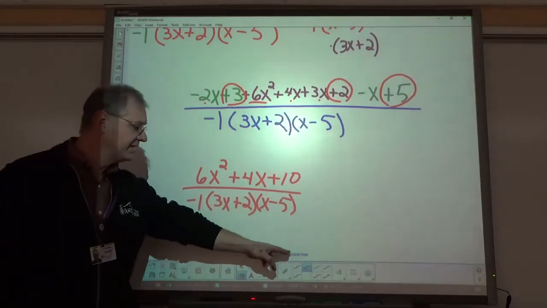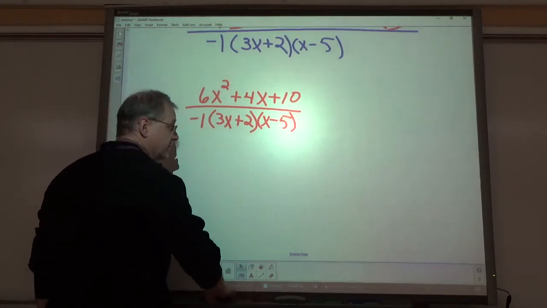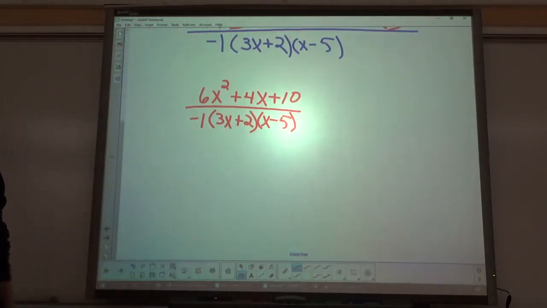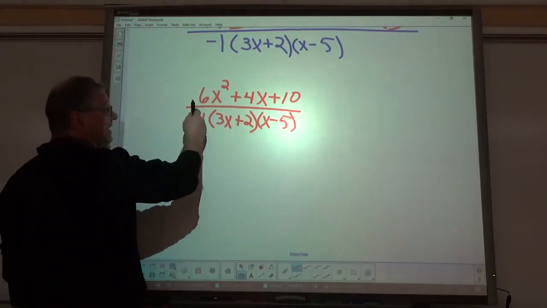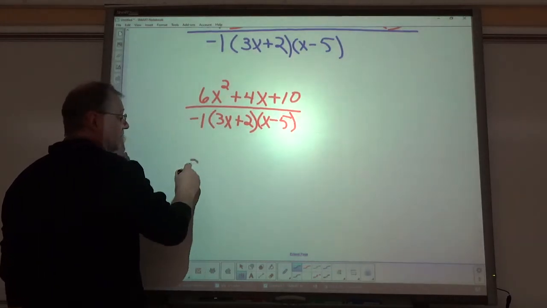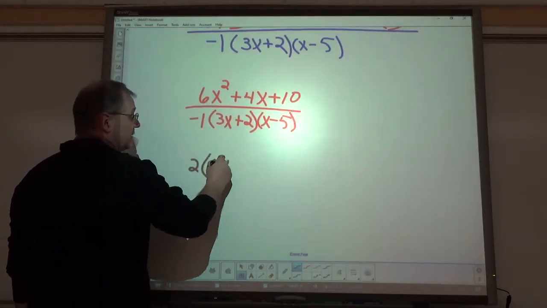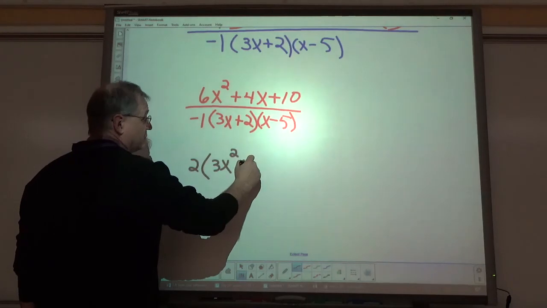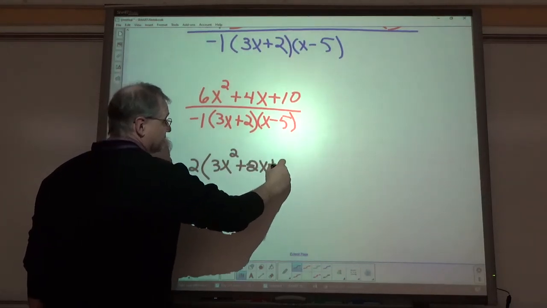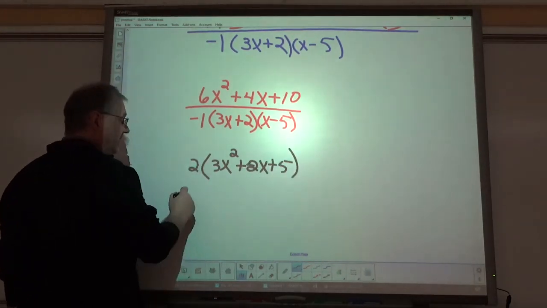Now, we might be able to do some reducing here, but we might not. We'll have to see how it goes. I can see these all have a 2 in common, so that gives me 3x squared plus 2x plus 5.